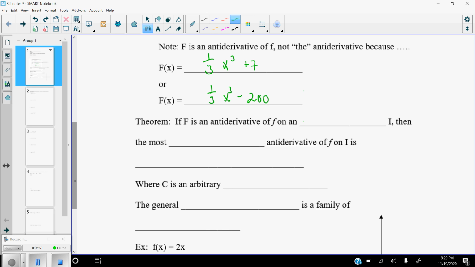If F is an antiderivative of lowercase f on an open interval I, then the most general antiderivative of f on I is capital F of x plus C. So when we take an antiderivative of a lowercase function, we usually use the capital letter, plus some constant, and we call that C, where C is just an arbitrary constant.